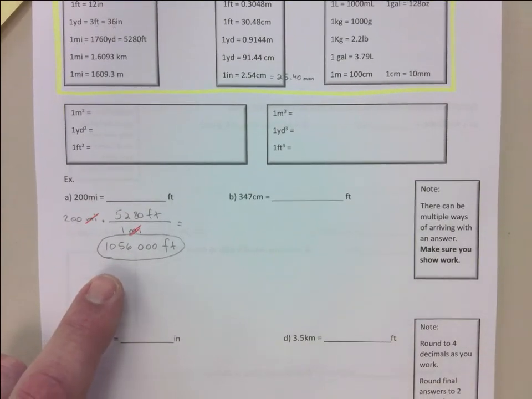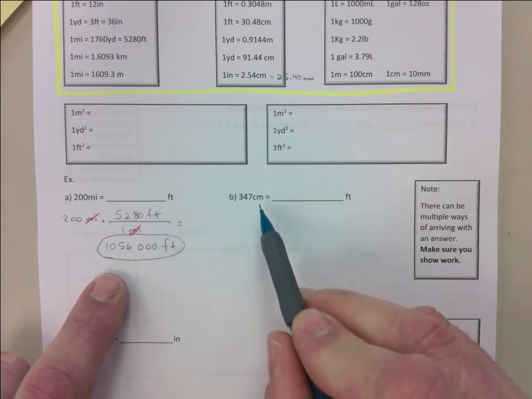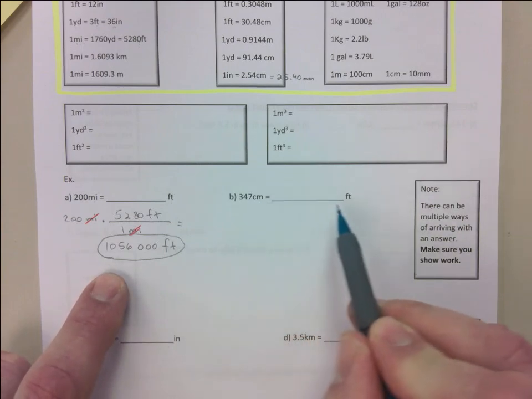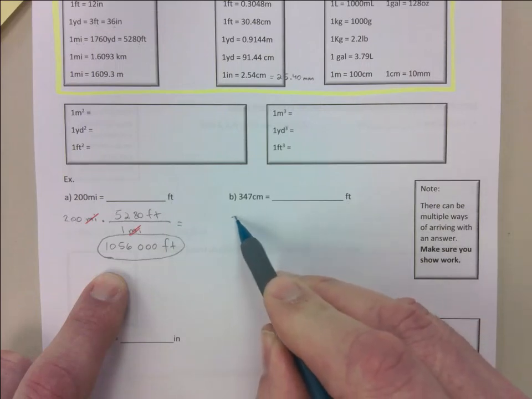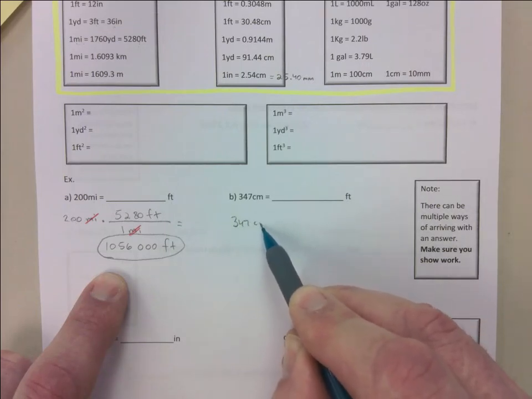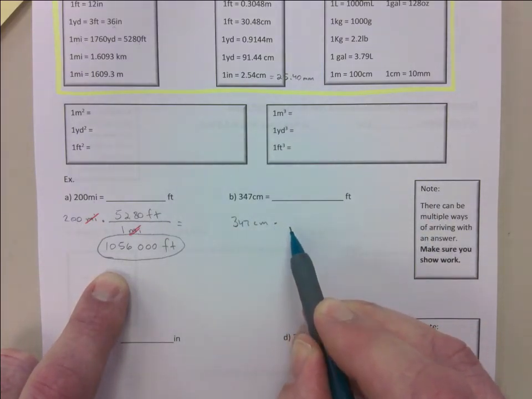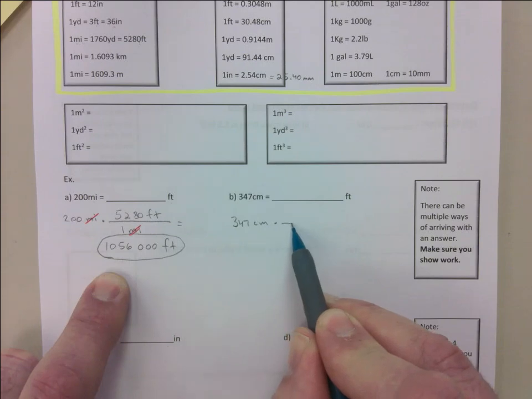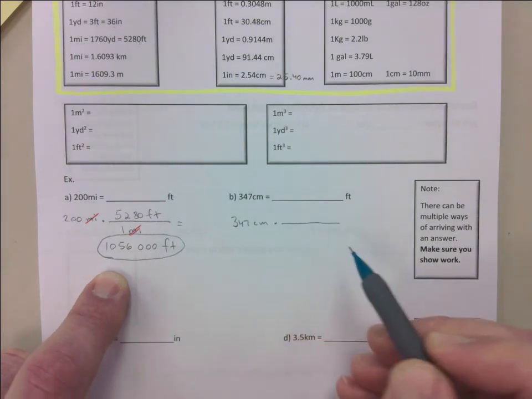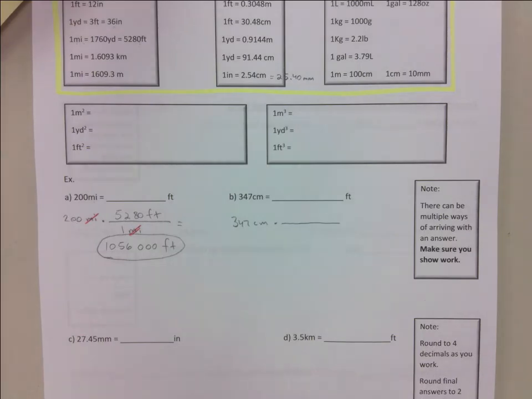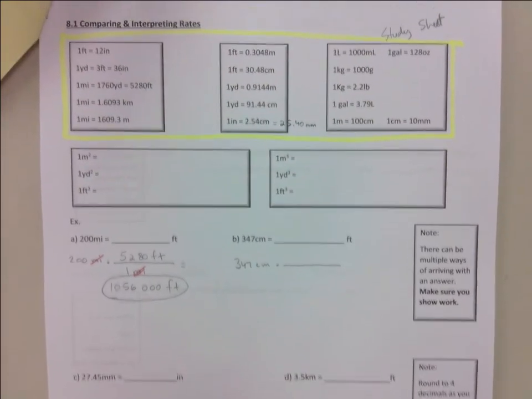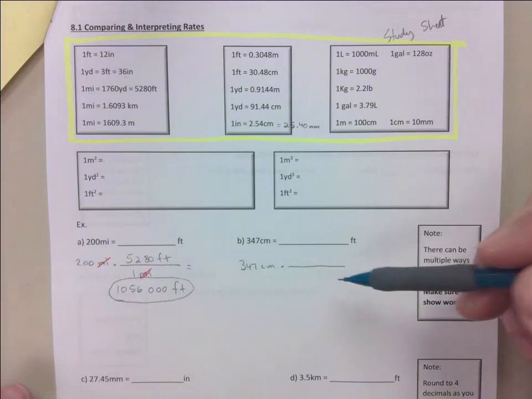Okay, so you've converted. Let's say you want to go from centimeters to feet. I start with 347. Do we have a conversion rate for that one? Right?